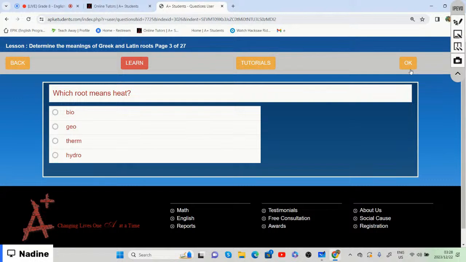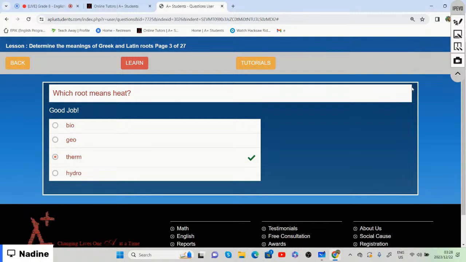And then we have therm, which is to do with a gas supplied. So we can then say that heat, I guess it means therm, because gas, heat, and therm is correct.